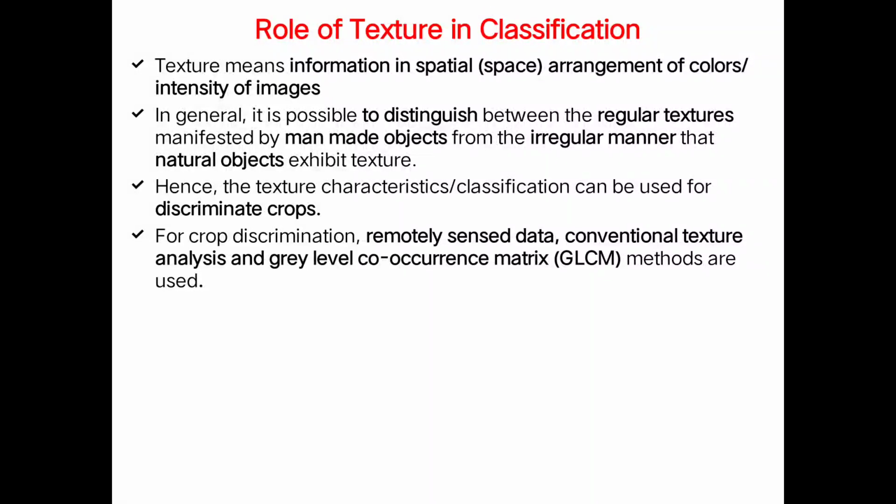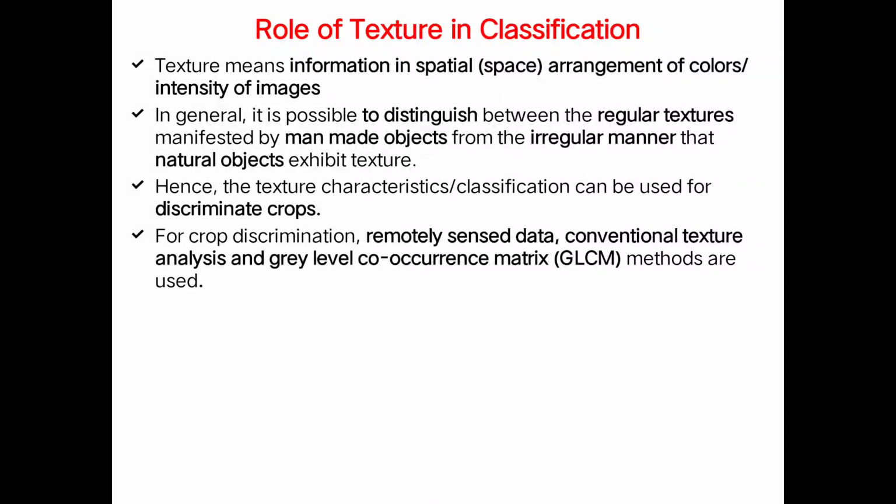That means every image consists of texture, and texture means the information in the spatial arrangement of the colors or the intensity of the images. In general, it is possible to distinguish the regular textures manifested by man-made objects from the irregular manner in which natural objects exhibit texture.